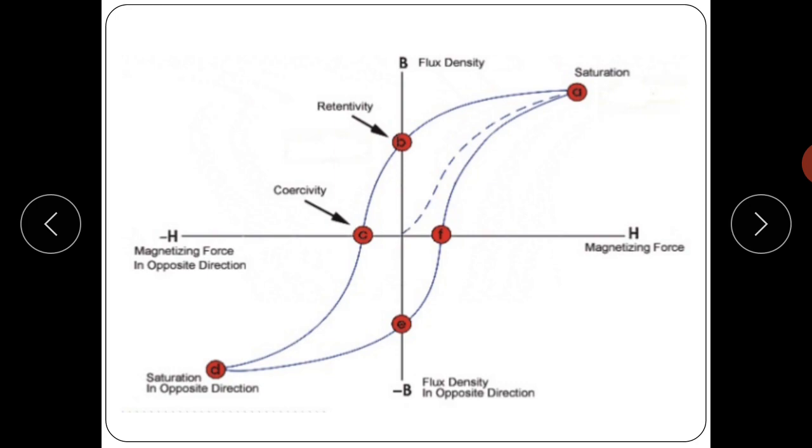What is residual magnetism? It is the amount of magnetization left behind after removing the external magnetic field from the circuit. That is, the value of flux density retained by the magnetic material is called residual magnetism, and the power of retaining this magnetism is called the retentivity of the material.